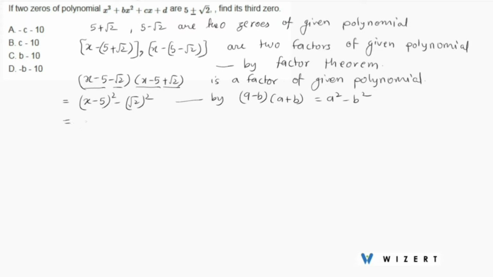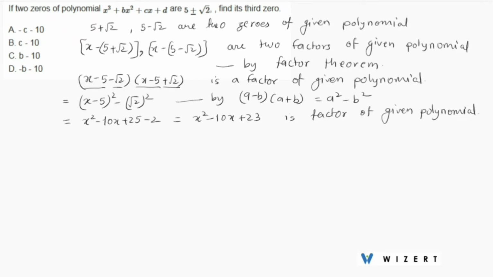So simplified will be x square minus 10x plus 25 minus root 2 square is 2. So x square minus 10x plus 23 is a factor of given polynomial.